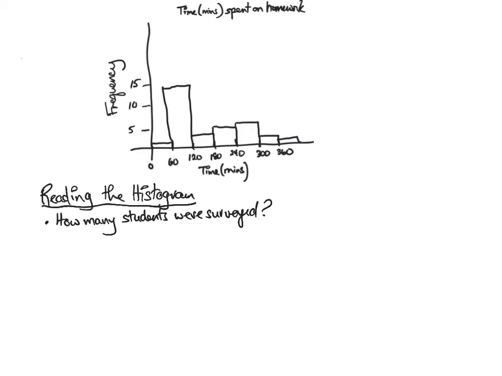So 1 in the first bar, you have 14 in the second, 3 in the third, 5, 6, 2, and 1. So you add this all together and you have 32 students.